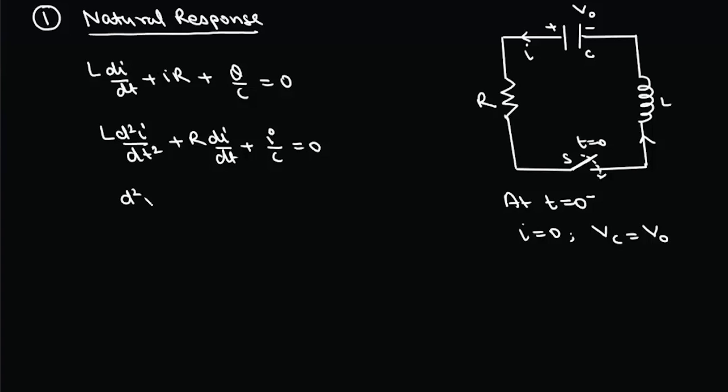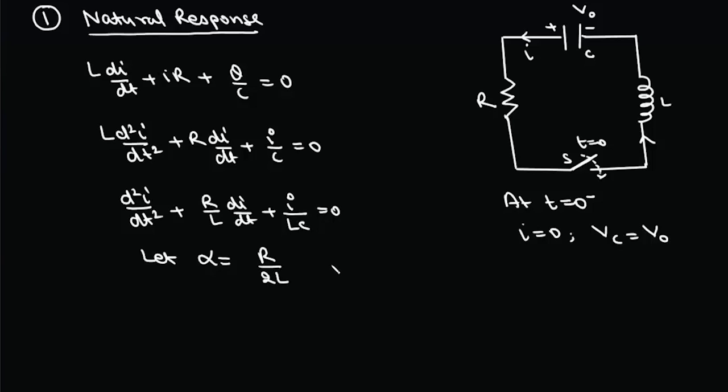So we can write d square I upon dt square plus R by L di by dt plus I upon LC equals 0. Now what we'll do is we'll let alpha be R upon 2L, and omega naught square be 1 upon LC.